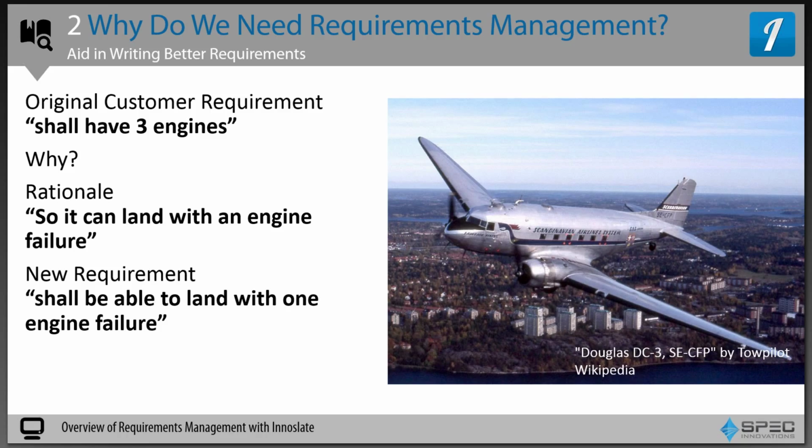And so they recognized that, oh, the real requirement is, shall be able to land with 1 engine failure. And one of the great things about doing proper requirements management is that you can capture those transitions from that original requirement of shall have 3 engines to the real requirement of shall be able to land with 1 engine failure. And so you can see that traceability across those lines.